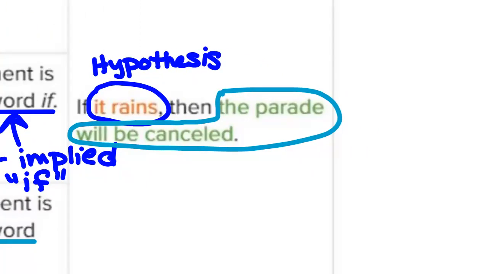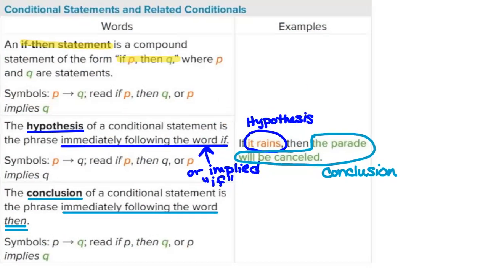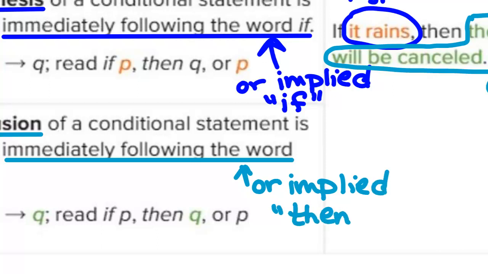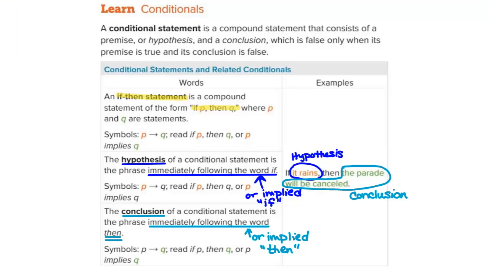The parade will be canceled will be my conclusion. Or it could be an implied then. These are cause and effect sentences, if-then statements.